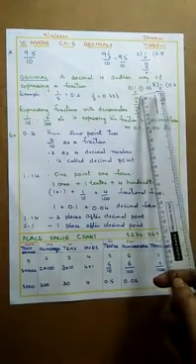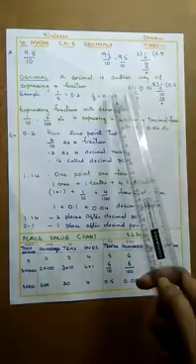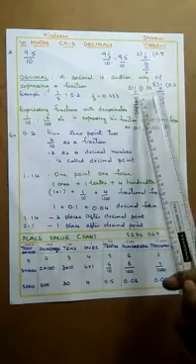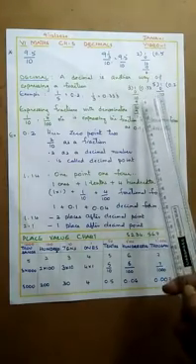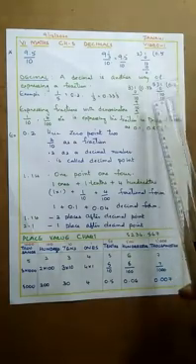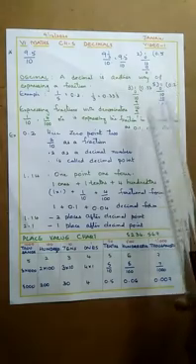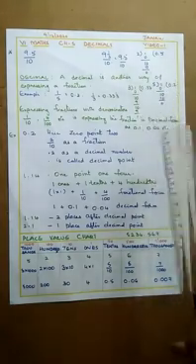You can bring down as many zeros as you like, but each time it is 10. Next, 3 goes 3 times, 3 threes are 9, 10 minus 9 is 1. Again you can add a 0. Again it becomes 10. Again 3 goes 3 times. So this goes on and on.